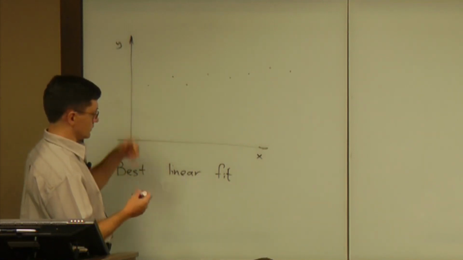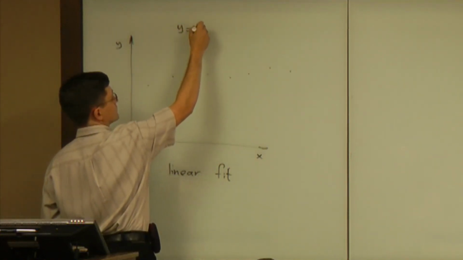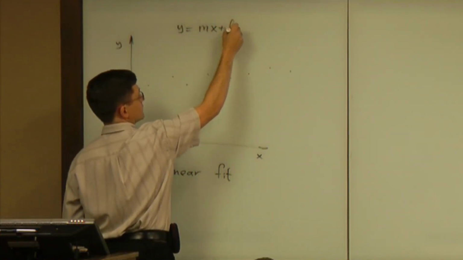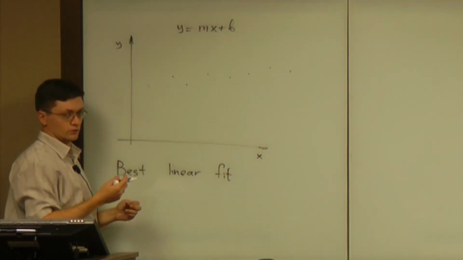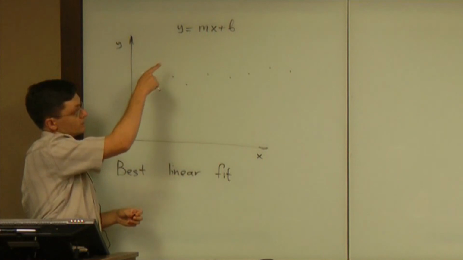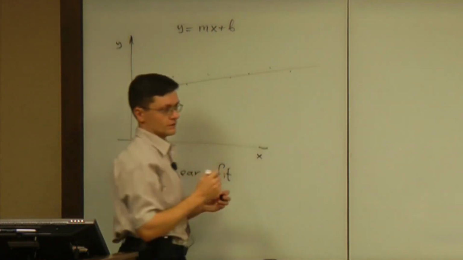So that means that you are looking for an equation y equals mx plus b, and you don't know what m is, you don't know what b is, and all you want is that line to fit somehow the data.